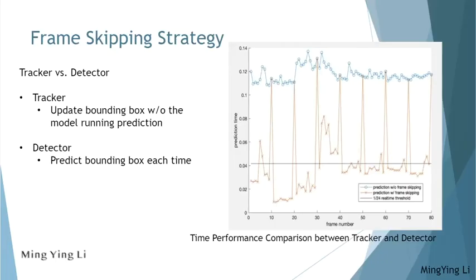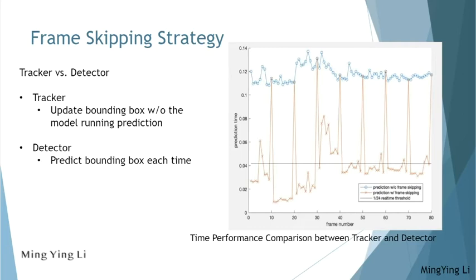Let me introduce the frame skipping strategy. This strategy is based on the combination of the tracker and the detector. The tracker will use the initialized bounding box from the detector, and then it will update itself again based on the bounding box. And the tracker is based on an out-of-box algorithm. It leverages the negative examples in the background to update itself, so its performance is reasonable.